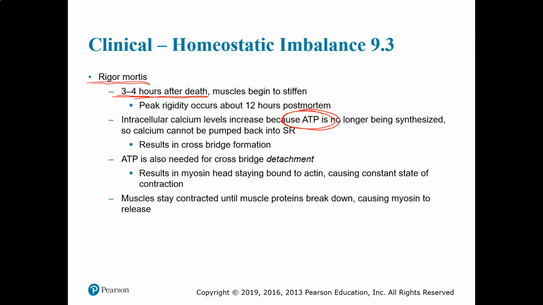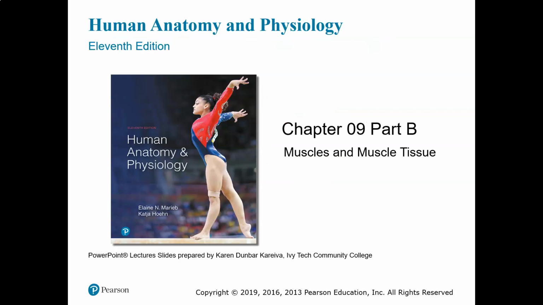Our cells are dead, so they're no longer breaking glucose down and making more ATP. So if you don't have any ATP, you can't detach the myosin from the actin. So the myosin head stays bound to the actin, the muscles stay contracted, and that makes them stiff. And then the muscle proteins eventually break down, and that will cause the release of myosin, and the body won't be stiff anymore.